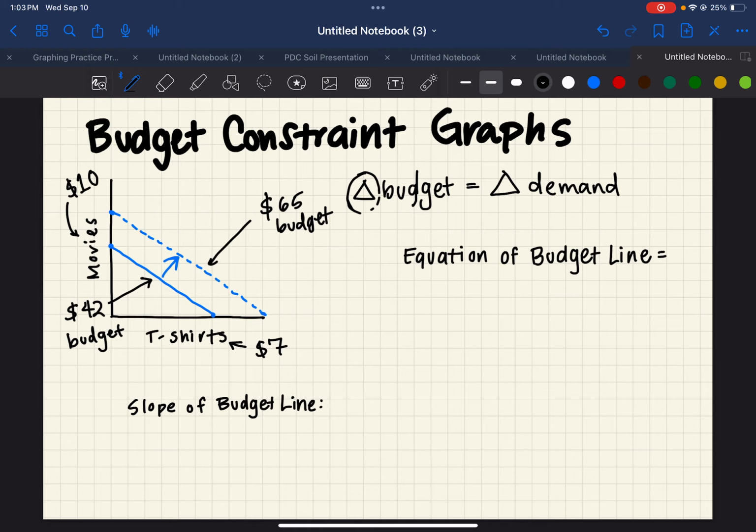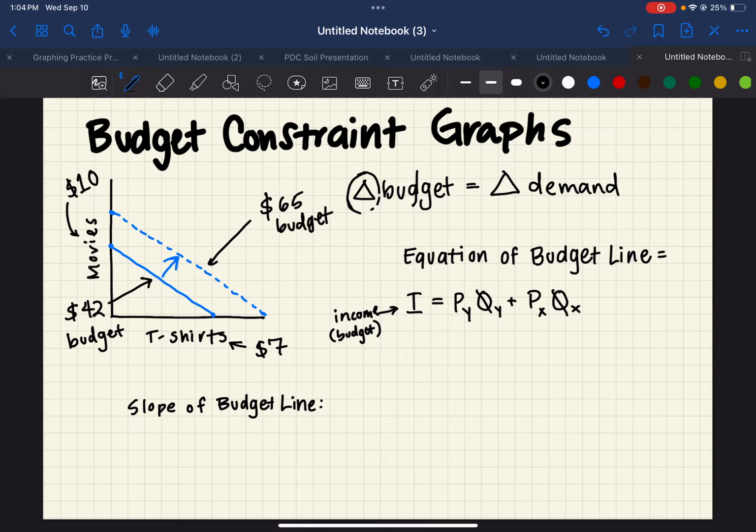So the equation of a budget line, we talked about it really briefly in that last video. The equation of the budget line is I, which is really your budget. Income is what it stands for, but it's how much you have to spend on these two goods. So I equals the price of good Y times the quantity of good Y plus the price of good X times the quantity of good X. So this makes sense, right?